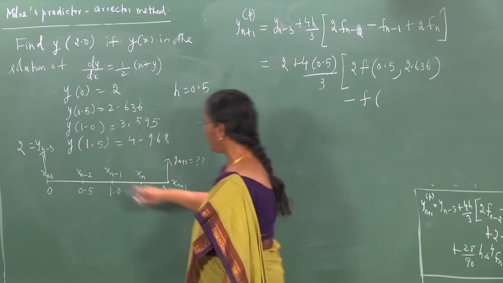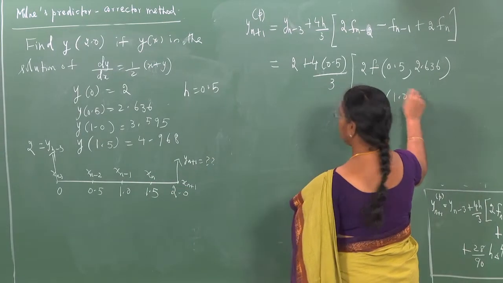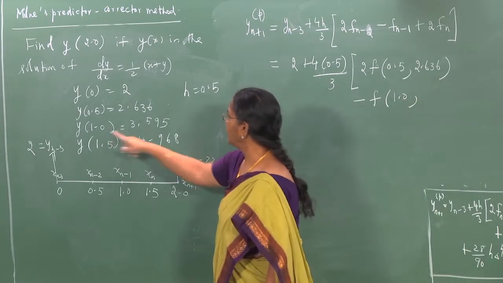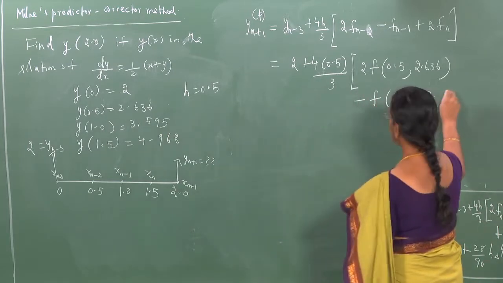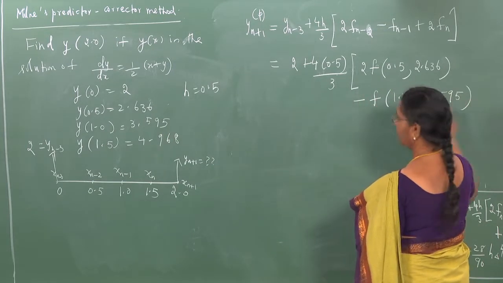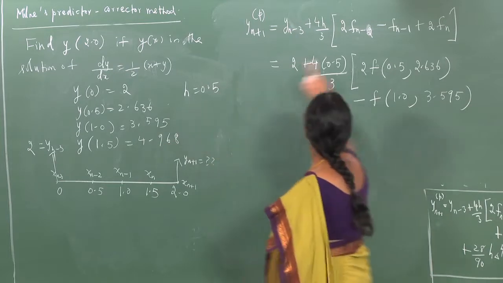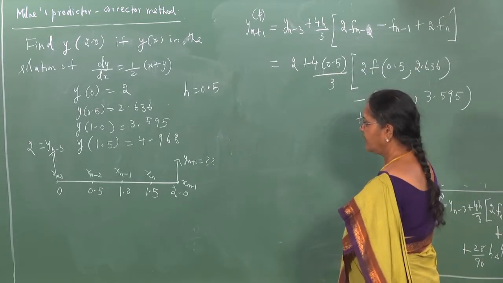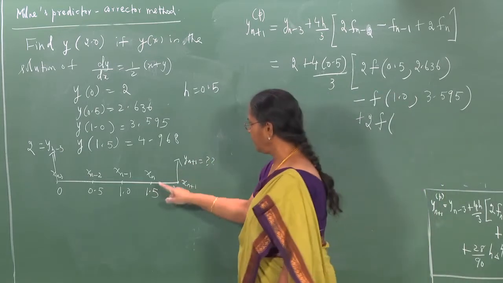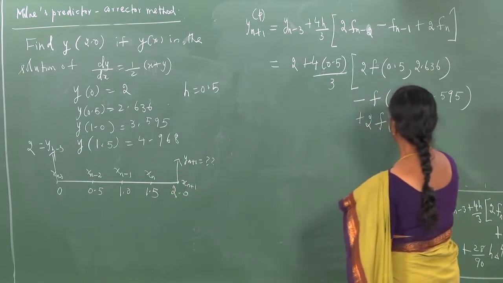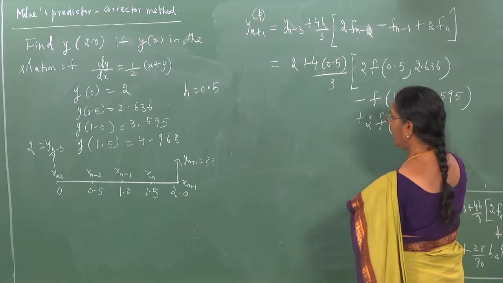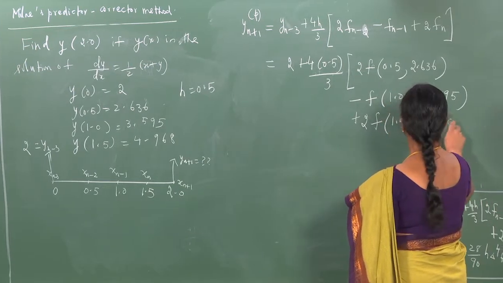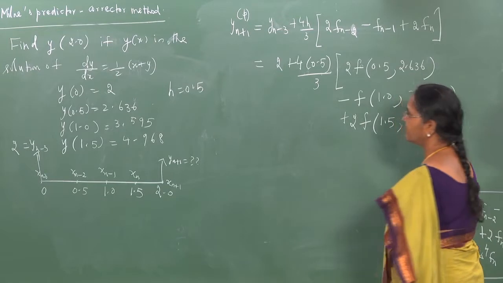Then you have minus f at n minus 1. Xn minus 1 is 1. So, 1, and at xn minus 1 the solution is 3.595, and then we have plus twice fn, that is f of xn yn, and xn is 1.5 and the solution yn is given to be 4.968.